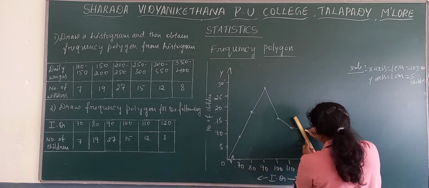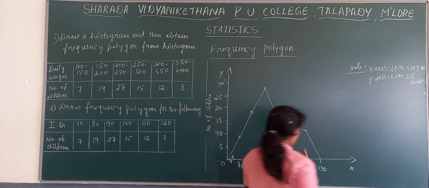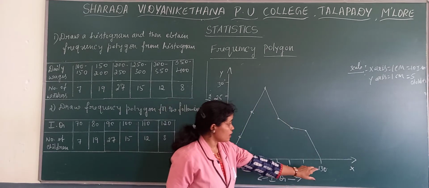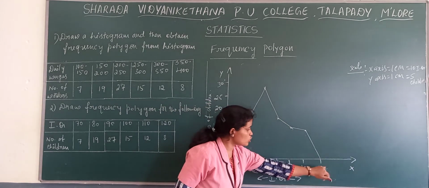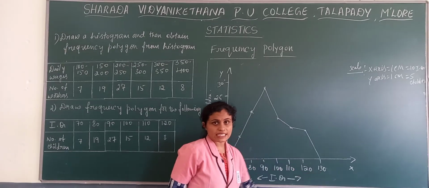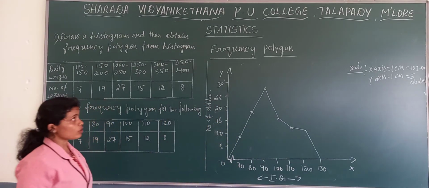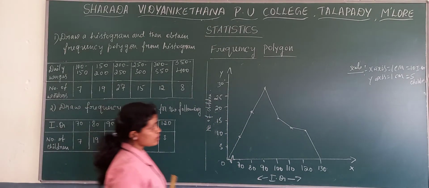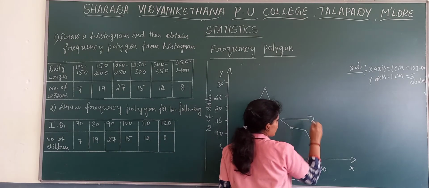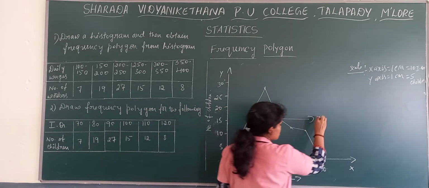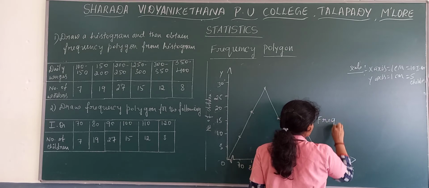You can bring it to 130. Why can you bring it to 130 here? Because this is also one more mid value. As I said, this frequency polygon we draw by joining the mid values of class intervals.